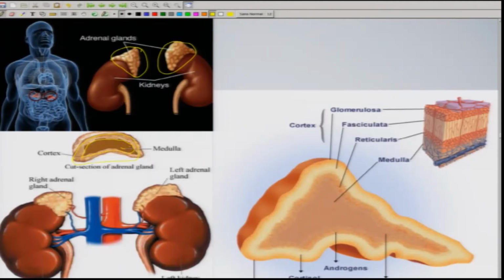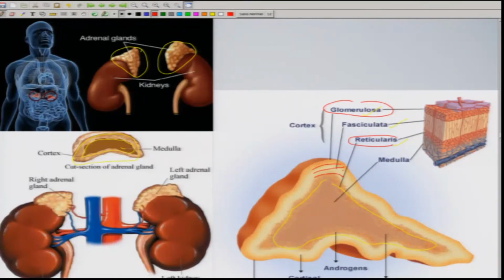Here you have the medullary region, and here you have the cortical region, and the cortical region could be further classified into different layers: fasciculata, reticularis, and glomerulosa. The glomerulosa is the outermost, then the fasciculata, and then the reticularis.